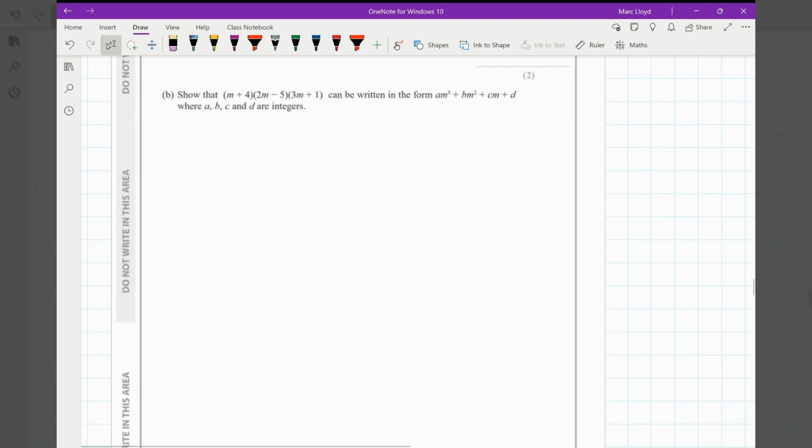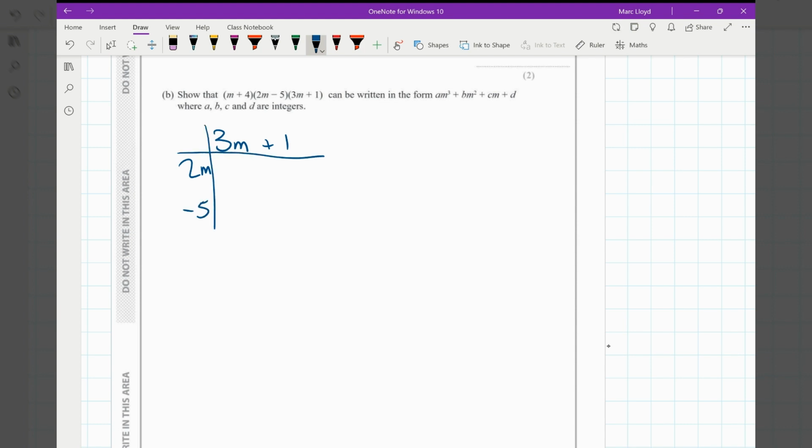Okay, part B is a show that question. We've got 3 brackets that we need to expand. Now I've always treated these quite carefully, and I will always do the 2 most difficult terms first.